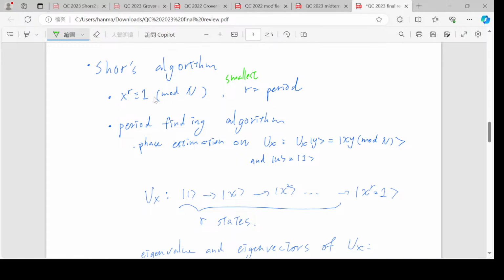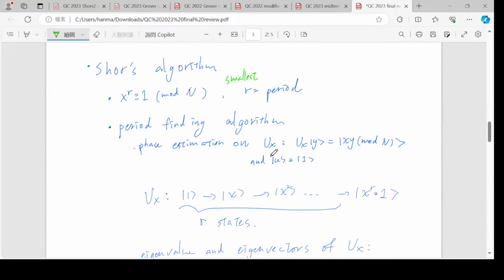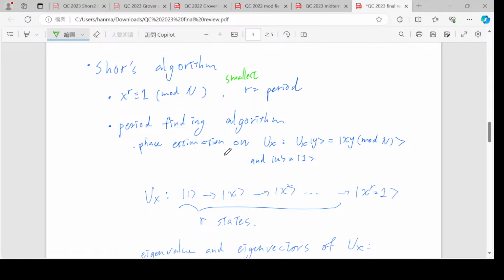But quantumly we find out there's something very fast you can do: this period finding algorithm basically uses phase estimation. There are details about implementation, but on the high level, we are basically doing phase estimation on a weird unitary U sub x.